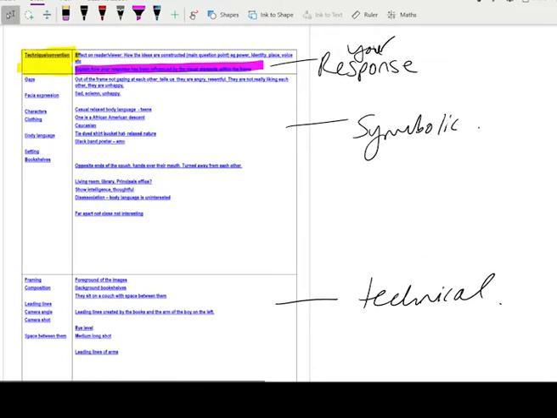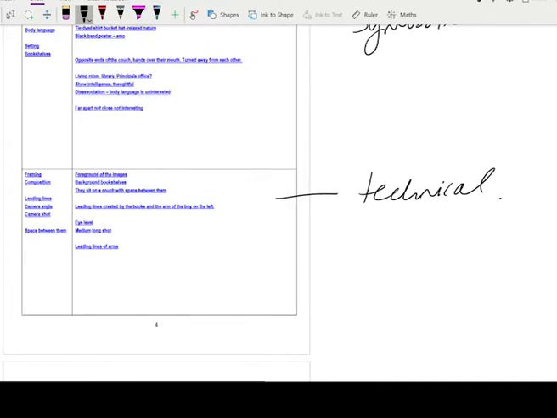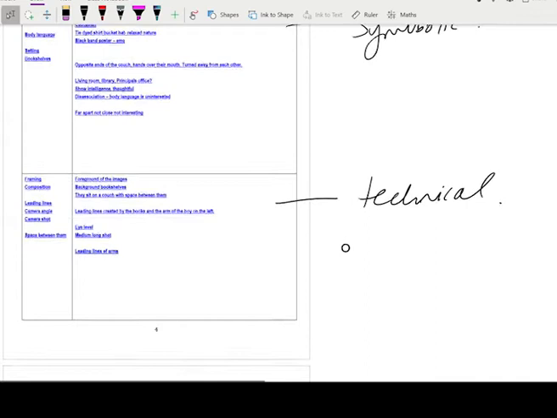So my response is going to be, I'm going to look at their gaze and their facial expression, their characters, the clothing, their body language, the setting in the bookshelf, to talk about how it makes me respond with sympathy for the two boys who have obviously lost their friendship due to the loss of the dying girl. And it's caused a rift in their friendship and it's divided them. And in the second paragraph, I'm going to talk about how all those technical aspects lead me to the same idea. All right, and I'm going to model that now.